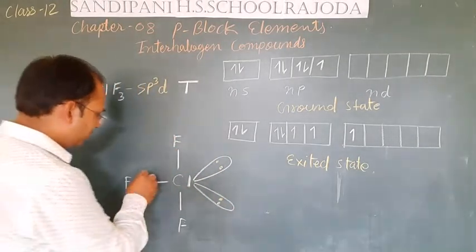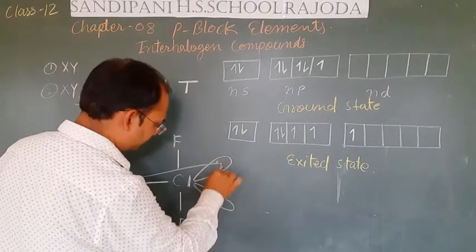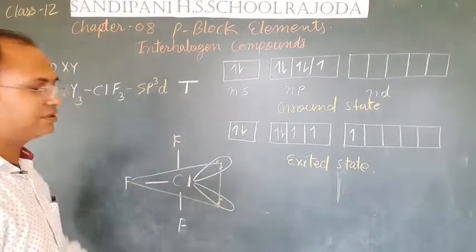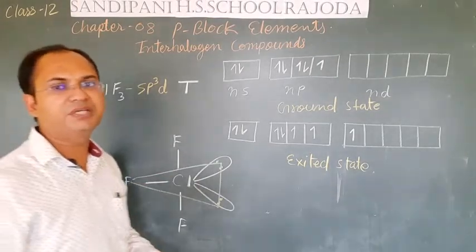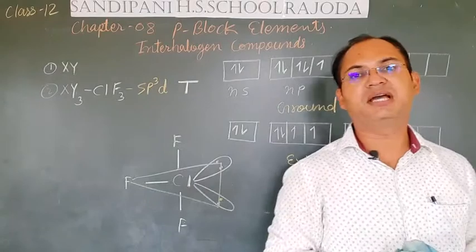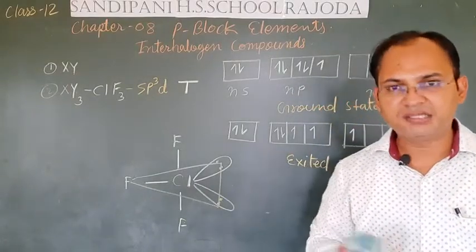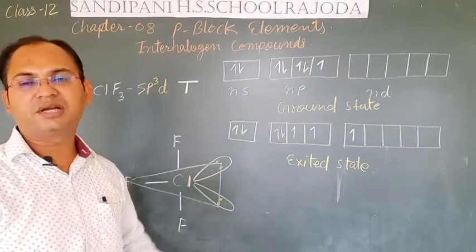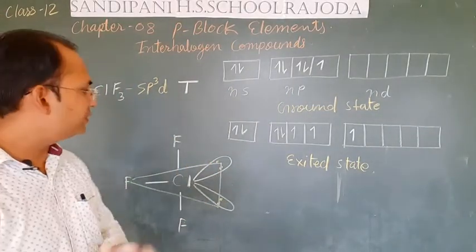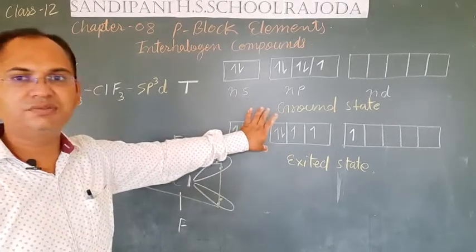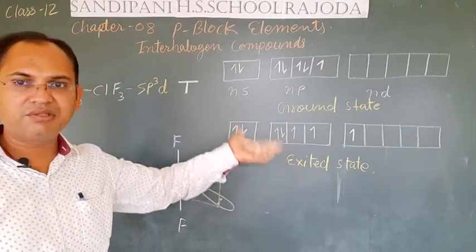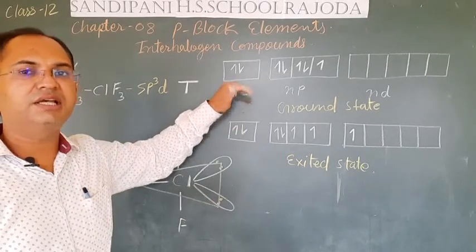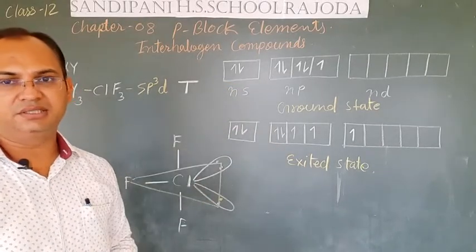So they form a T-like structure in sp3d hybridization. An example of sp3d hybridization is chlorine trifluoride. So this structure can be explained on the basis of the electronic arrangement or electronic configuration of the compound in ground state as well as in its excited state.